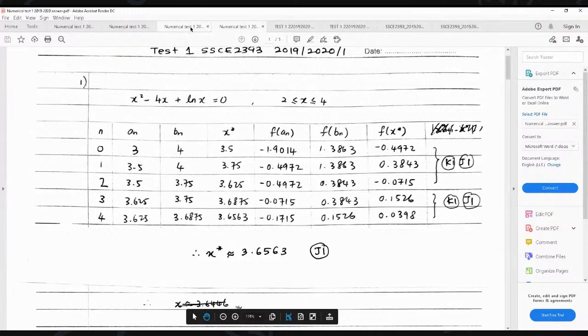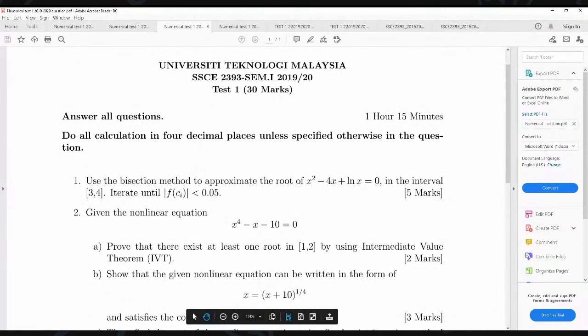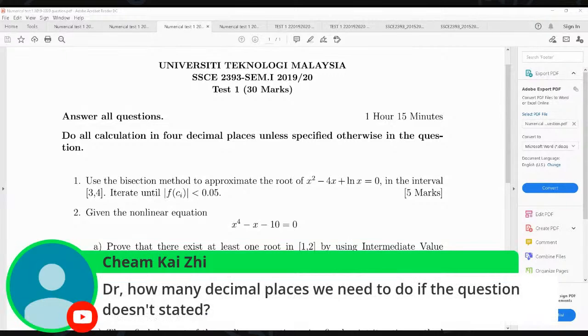Now, any question? The question here is how many decimal places we need to use if the question doesn't state. Almost always the question states it, usually 4 decimal places or sometimes 3 decimal places.